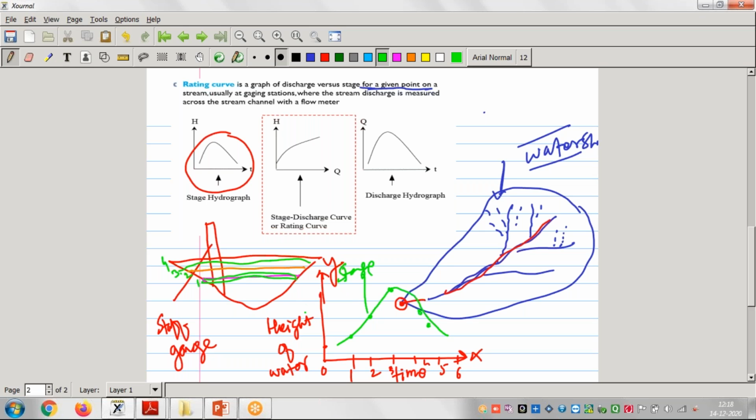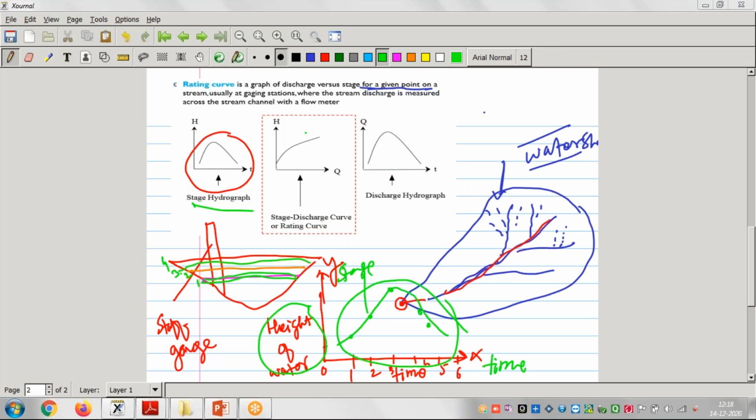It means on the y-axis we are taking the height of water in the river, and on the x-axis we are taking the time, time versus height of water. When we prepare this graph, it is called the stage hydrograph. Is this okay? Stage hydrograph is okay.